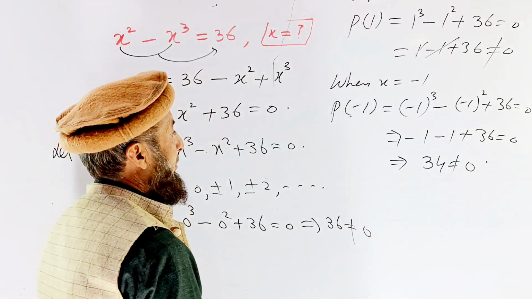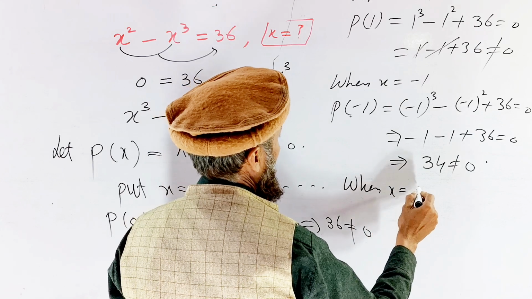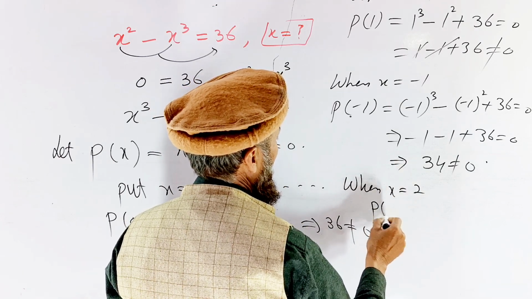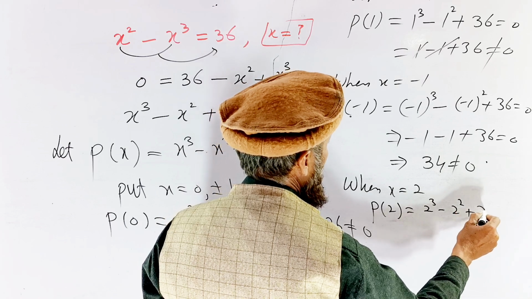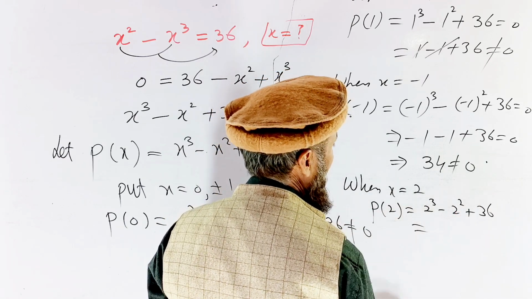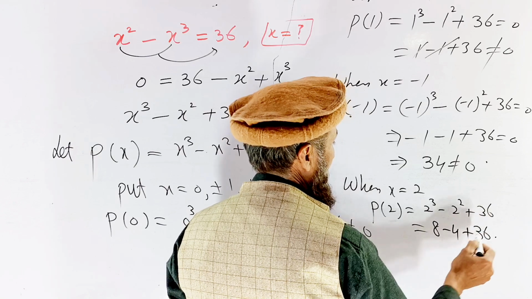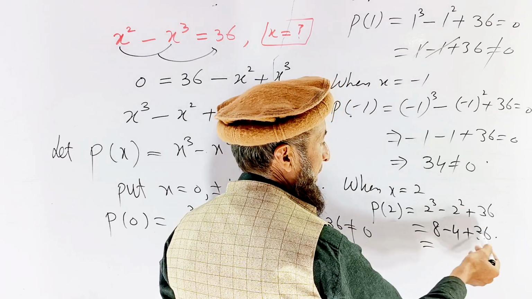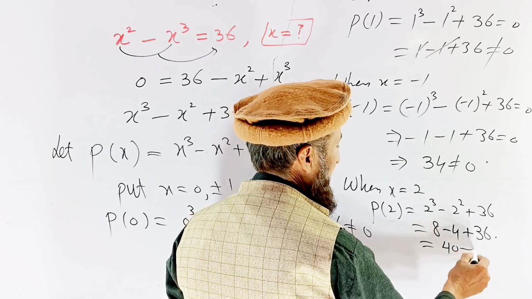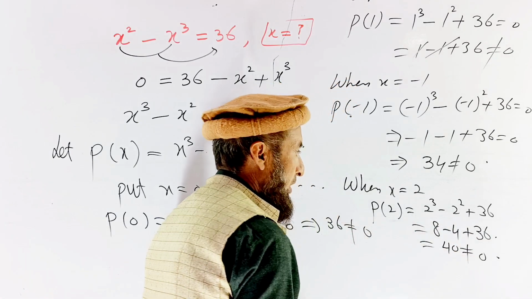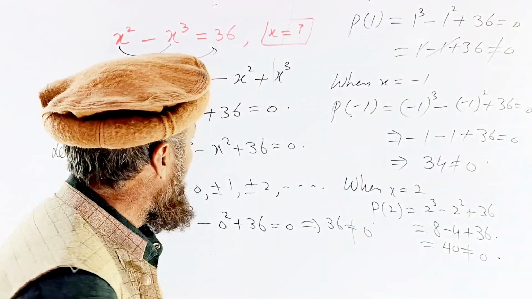Similarly, when x is equal to 2, p of 2 is 2 cube minus 2 square plus 36, which is 8 minus 4 plus 36, that is 40. 40 is again not equal to 0. Similarly, if we put x equal to minus 2, the result is not satisfied.